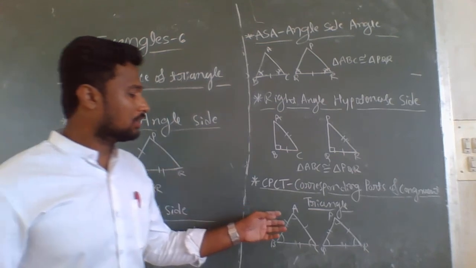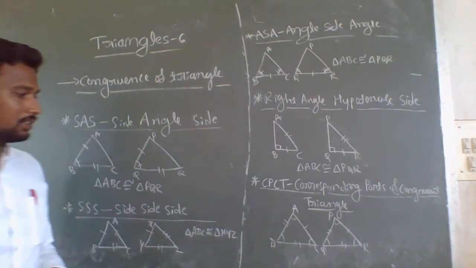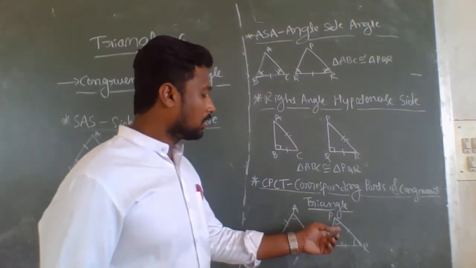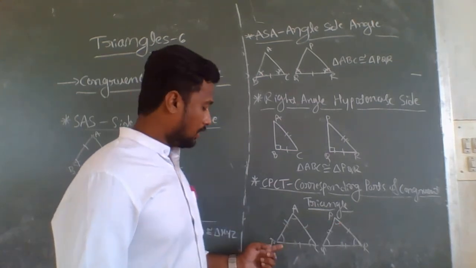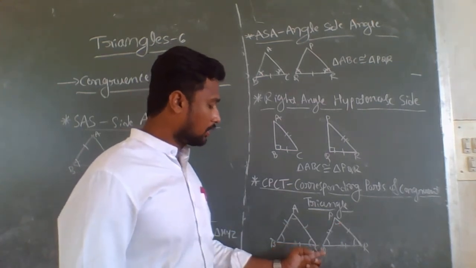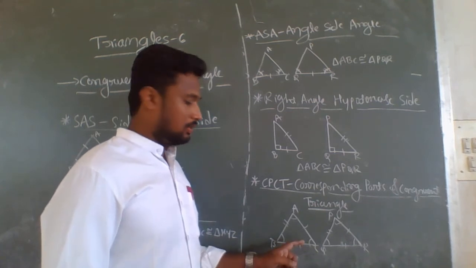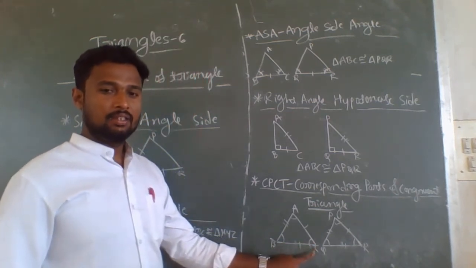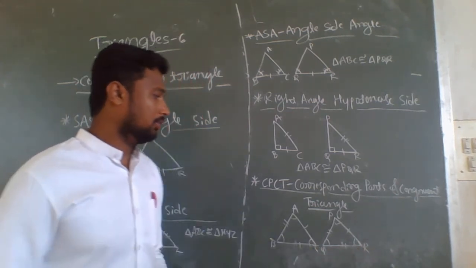So these sides are corresponding to each other. Like this only, angle A is corresponding to angle P, angle B is corresponding to angle Q, and angle C is corresponding to angle R.